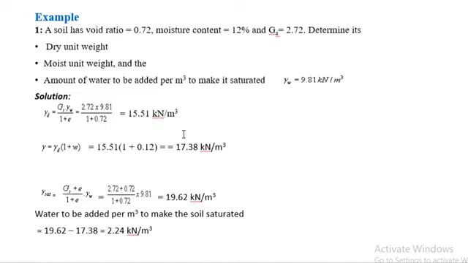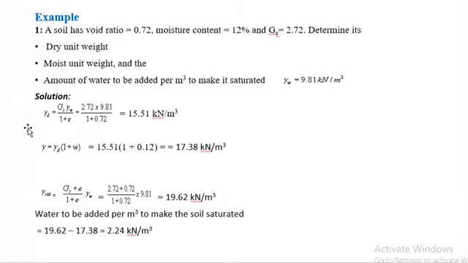Example: a soil has void ratio 0.72, moisture content 12%, and G_s is equal to 2.72. Determine its dry unit weight, moist unit weight, and the amount of water to be added per meter cube to make it saturated. Gamma W is given as 9.81 kilonewton per meter cube.